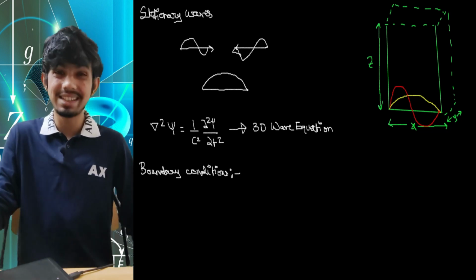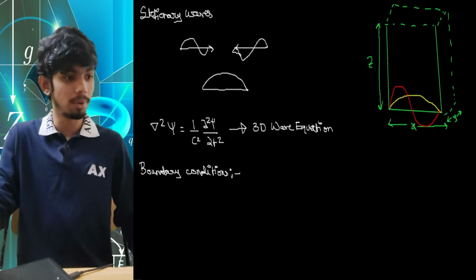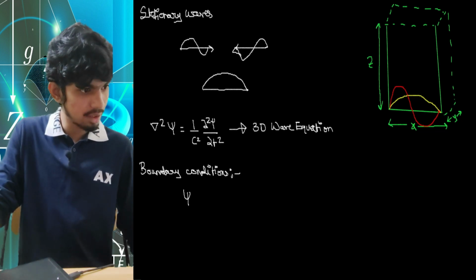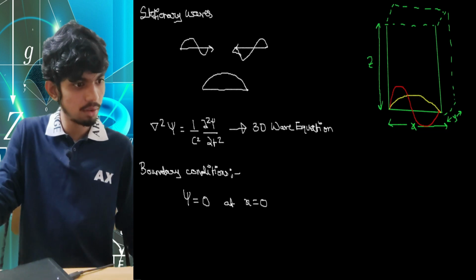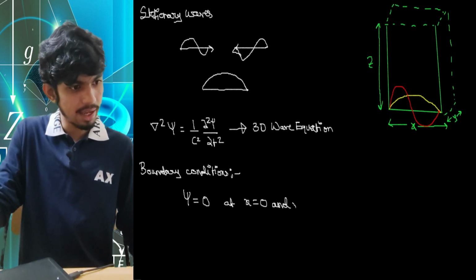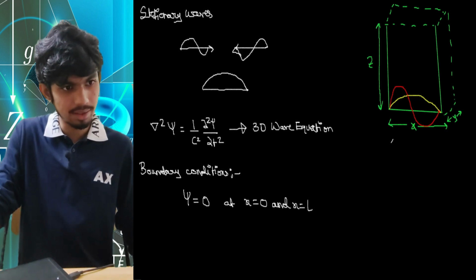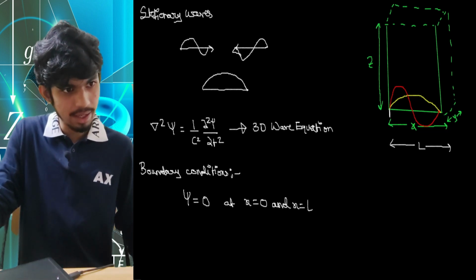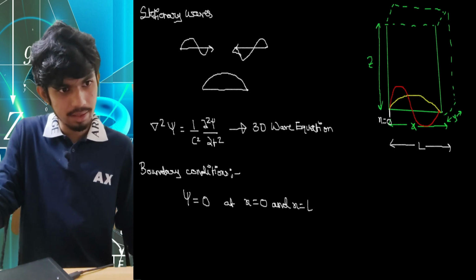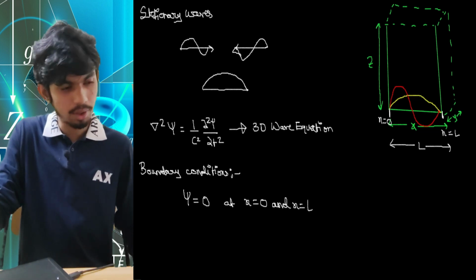So these waves will disappear at the edges of the box. So psi will be 0 at x equal to 0 and x equal to L, because this whole length is L. This is the x equal to 0 point and this is the x equal to L point.